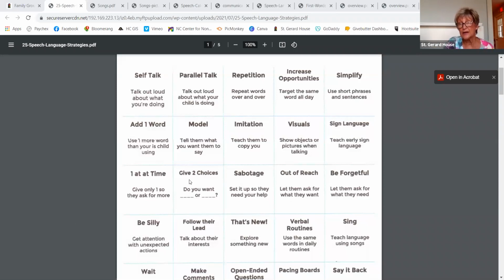If you say, do you want cookie or cake? The child always says the second thing that you say, or the last thing that he's heard. And then he gets mad if you give him cake, because that's not really what he wanted. But he's saying the last word that you said to him, and he's not really thinking about his response. He's just echoing something back to you.